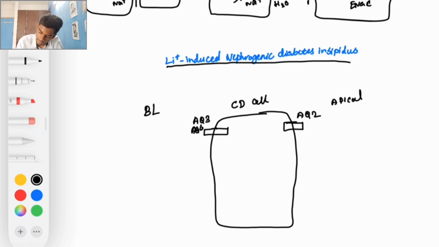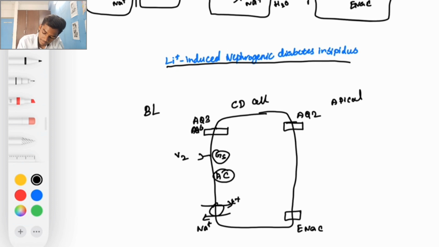Here there is ENaC channel, this is sodium potassium ATPase, and here we have a receptor for vasopressin. This is the V2 receptor, a G protein coupled receptor, Gs, and here it is adenyl cyclase. Gs will stimulate this adenyl cyclase. So there is conversion of ATP into cyclic AMP, and there will be formation of more protein kinase A.